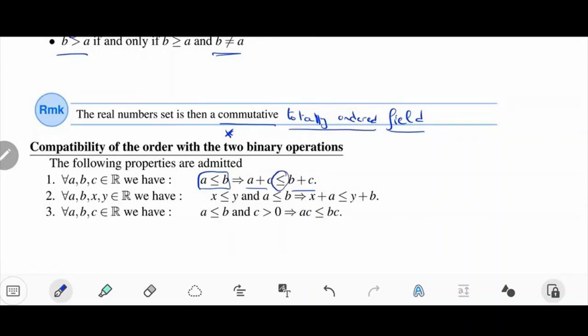Also, if you take two numbers X and Y, X less than Y and A less than B, it means that if you add X to A and Y to B, you will have the same sense for the relation. X plus A will always be less or equal to Y plus B. If you take three numbers A, B, C, having A less or equal to B and C is positive, you can multiply both sides by C and you'll have always the less or equal in the same direction. So AC is less or equal to BC.